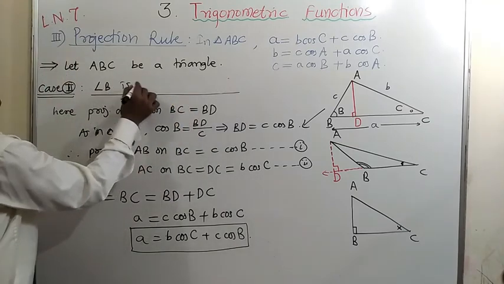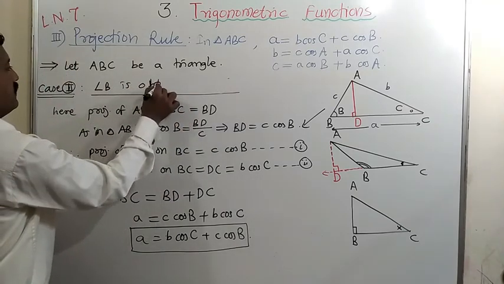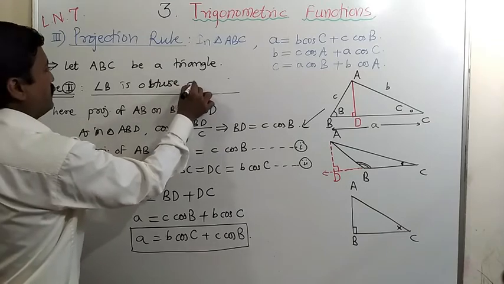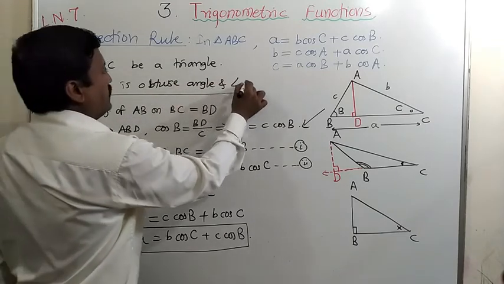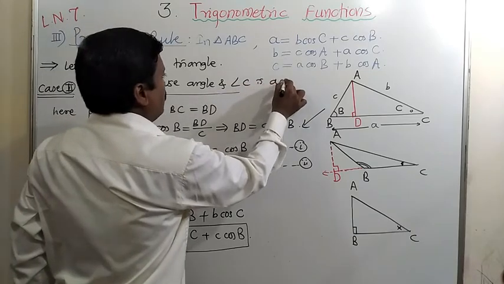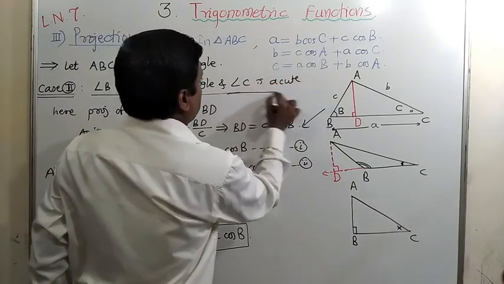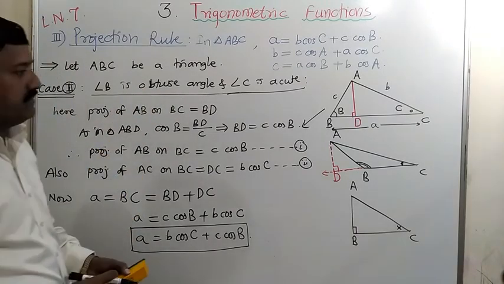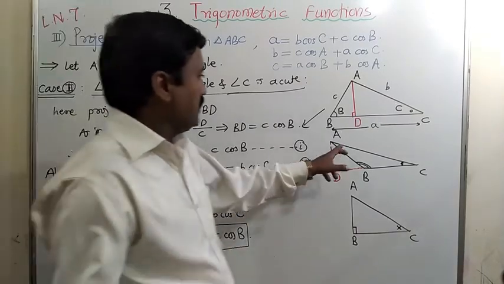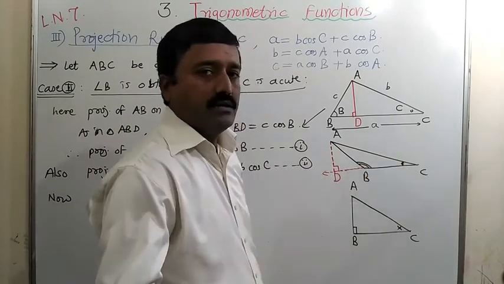Angle C is obviously acute, because if one angle in a triangle is obtuse, the remaining two will be acute angles. So here angle A and angle C are acute angles.